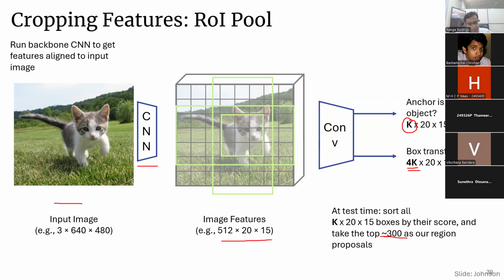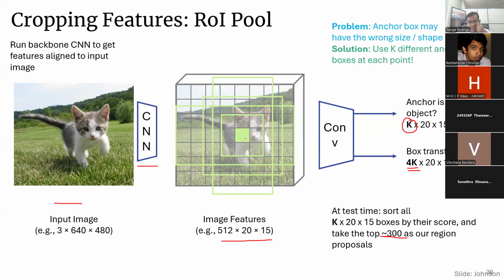Then for each of these k, you predict the transformation, so that the anchor boxes resize. So at test time, sort all k times 15 times 20 boxes by their score and take the top 300 as the region boxes. So you can see this is how the region proposal network works.